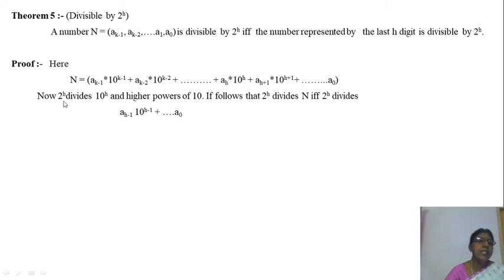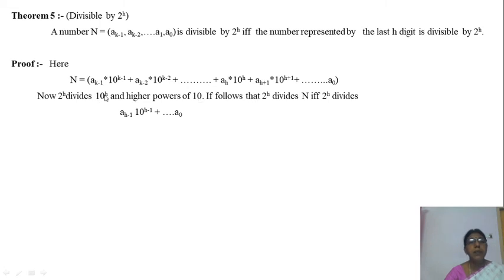Suppose h is 4: 2 power 4 divides 10 power 4, 10 power 5, 10 power 6 and so on. That means it divides 10 power 4 and all higher powers, so what remains are the lower powers, and it is enough that those parts are divisible. Now 2 power h divides 10 power h and higher powers of 10.